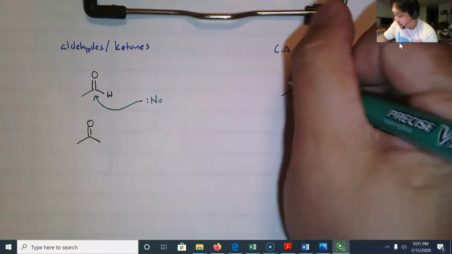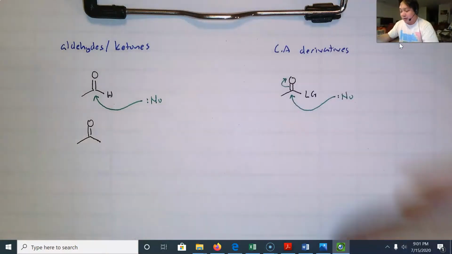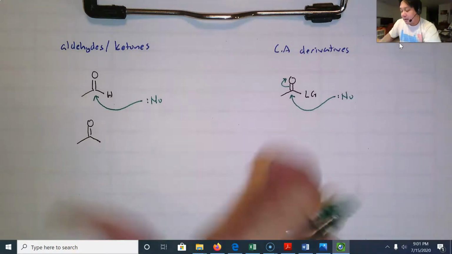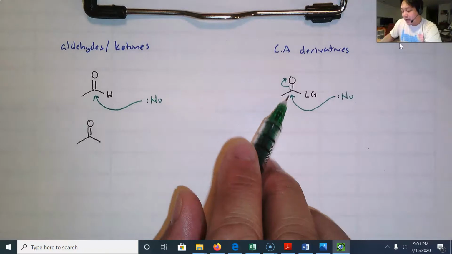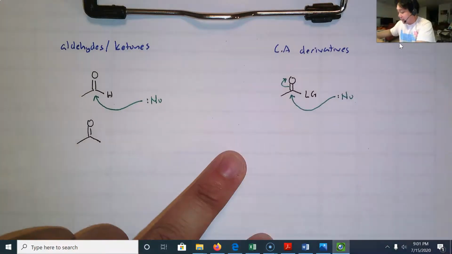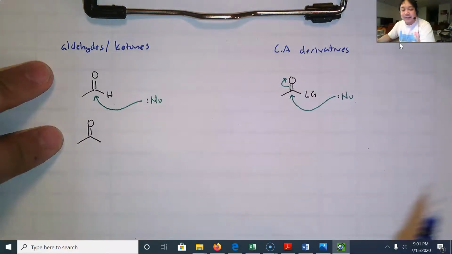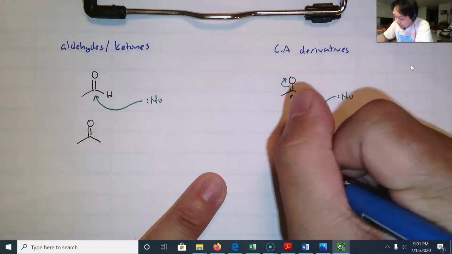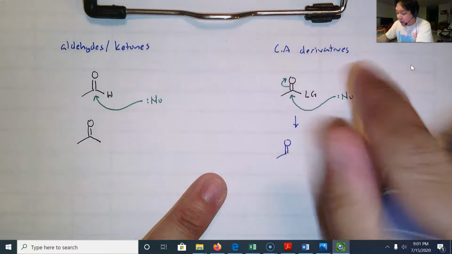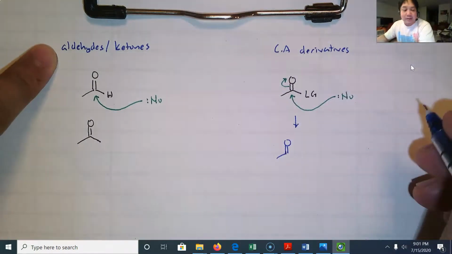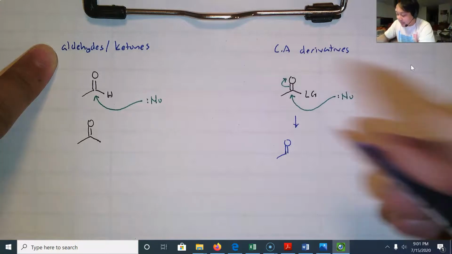We're going to learn mechanisms in future videos, but you've seen this before. You attack and you break the pi bond and put it onto oxygen. But ultimately, you're going to lose the leaving group. See, the aldehydes and ketones don't have any leaving groups, and that's what's fundamentally different between your carboxylic acid derivatives and what we've learned previously in the unit about aldehydes and ketones.